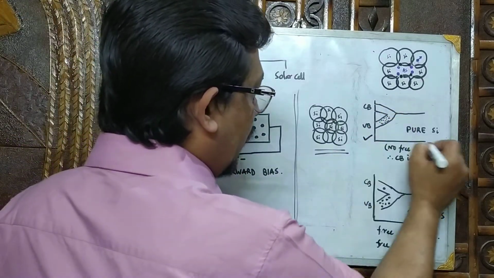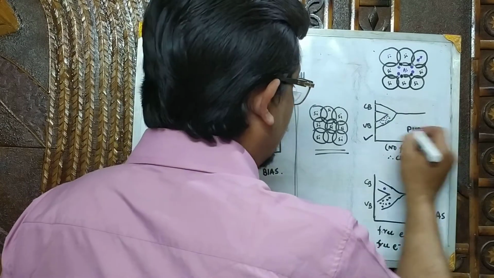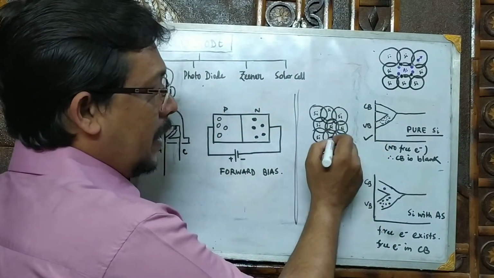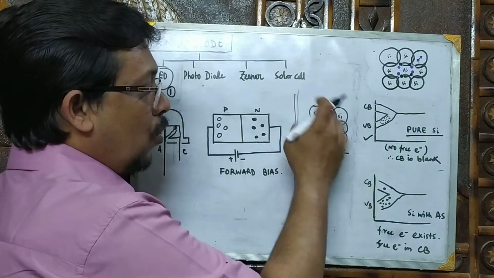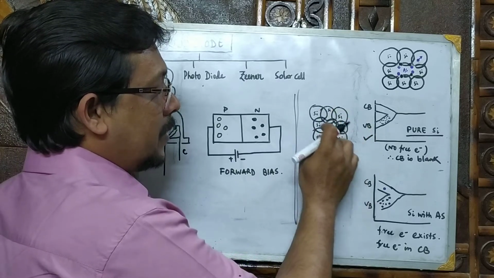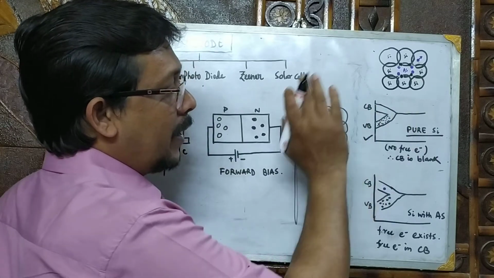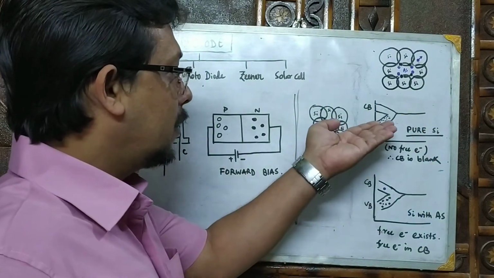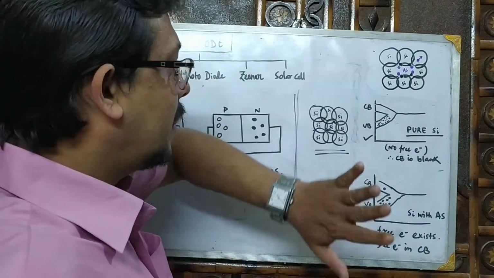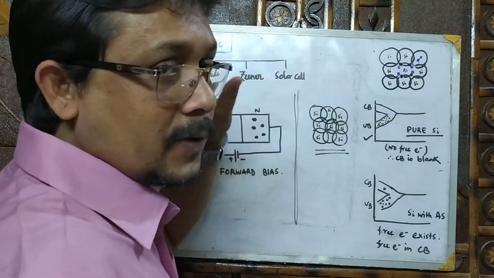Let me draw this curve. In pure silicon crystal there is no extra electron and no holes, only valence electrons. All the valence electrons are in the valence band and the conduction band is totally free. Whenever an electron moves from the valence band to the conduction band, only then does conduction start in pure silicon.